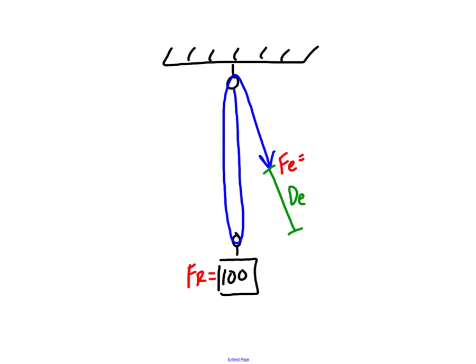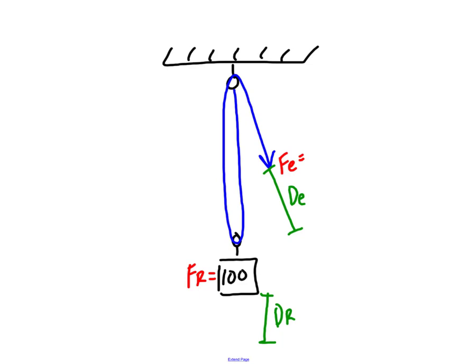Where's my DR? It's the distance from like the weight to the top. Not to the ceiling. I mean, I guess you could represent it somehow like that. I do this. It's how far you lift. It's how far that box moves. So the DR is how far the box moves upward. DE is how much you have to pull.